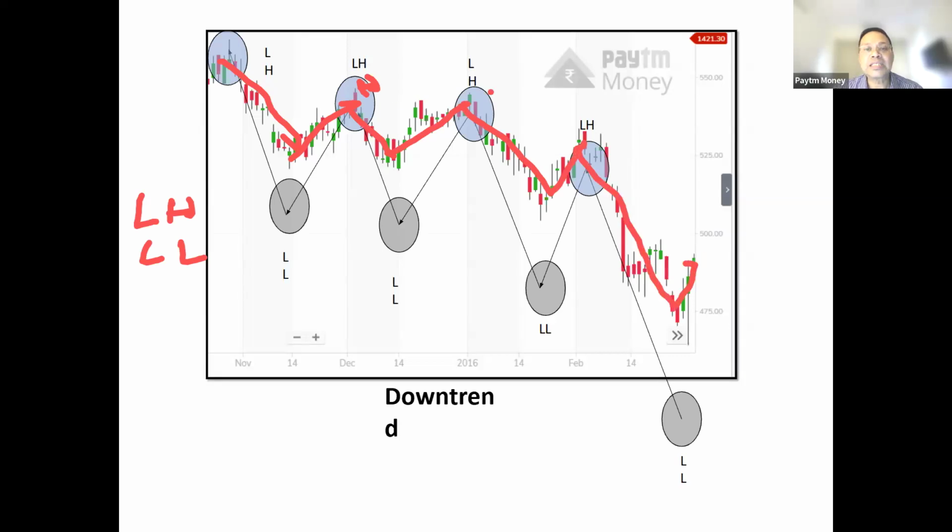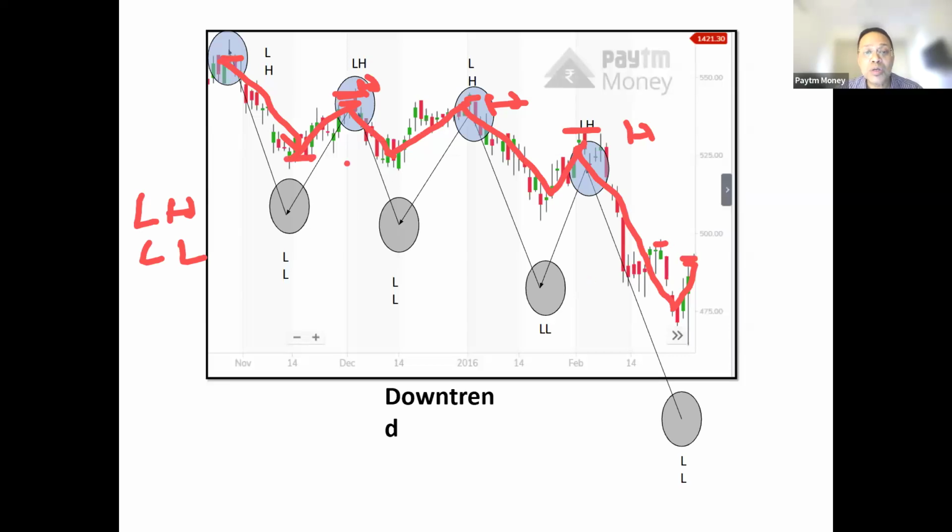Now see this high, this high. This high is lower than the previous high. This high is also slightly lower than the previous high. This high is also lower than the previous high.